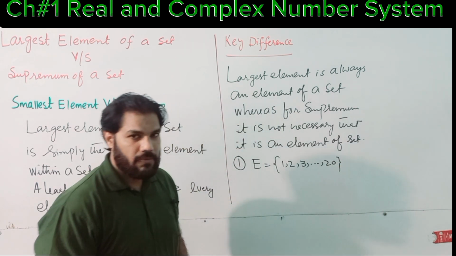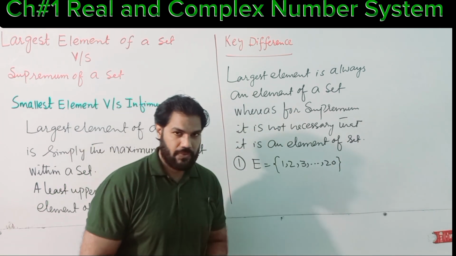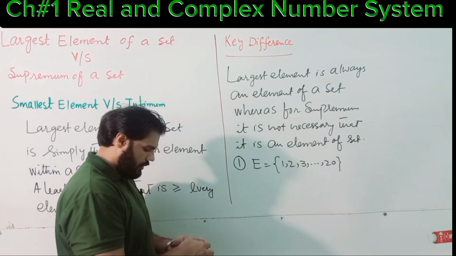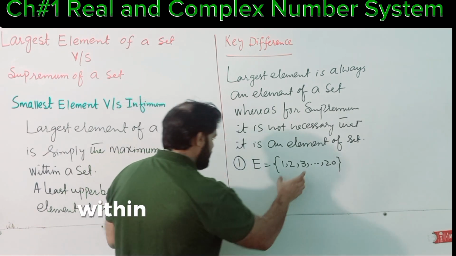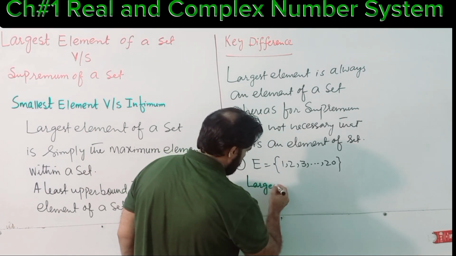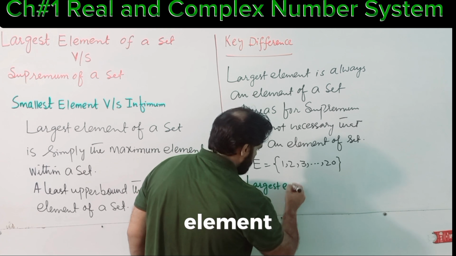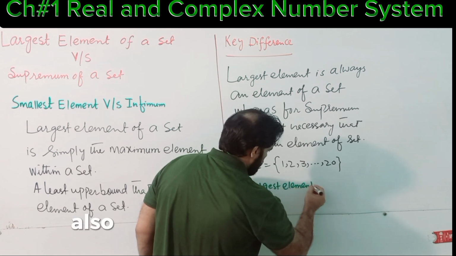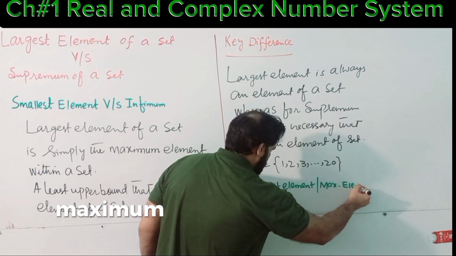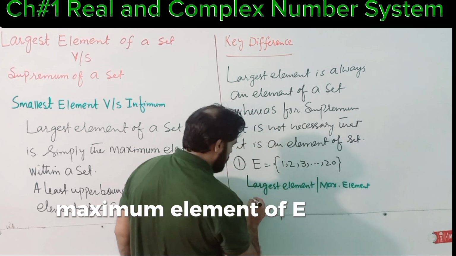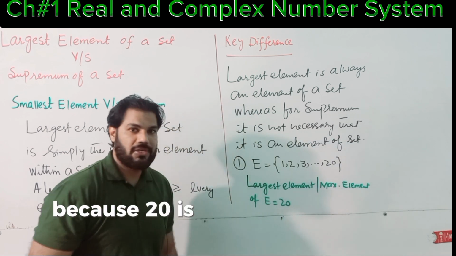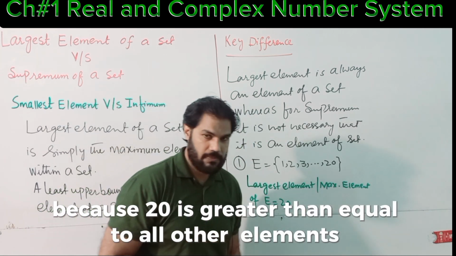Now you can observe, what is the largest value of this set? Here the largest value within the set E is 20. So the largest element, also called the maximum element, of E is equal to 20 because 20 is greater than or equal to all others.